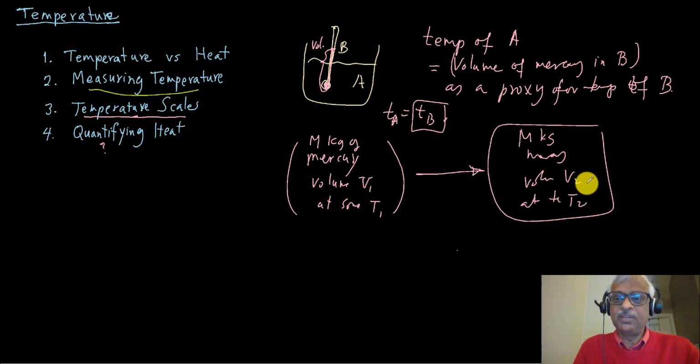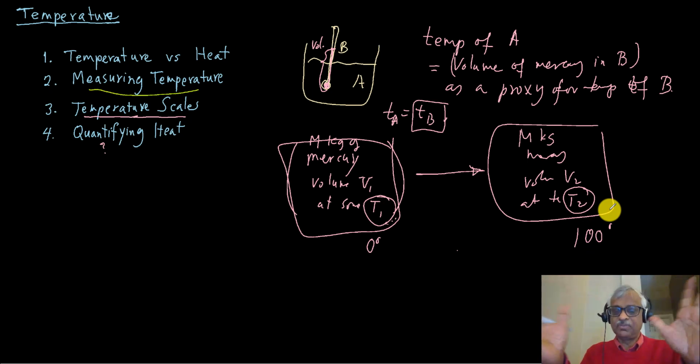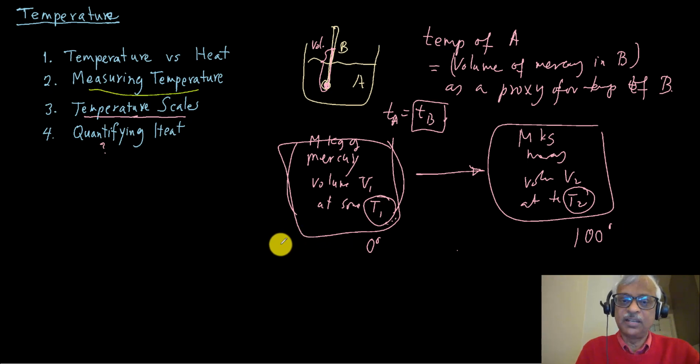And you can see that if I have some standard temperatures to which we assign just randomly picked values, say 0 degrees and 100 degrees, using reproducible states. So this can be a reproducible state like ice, water, and vapor in equilibrium.